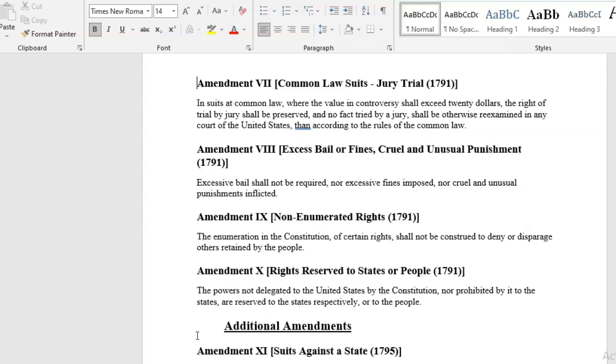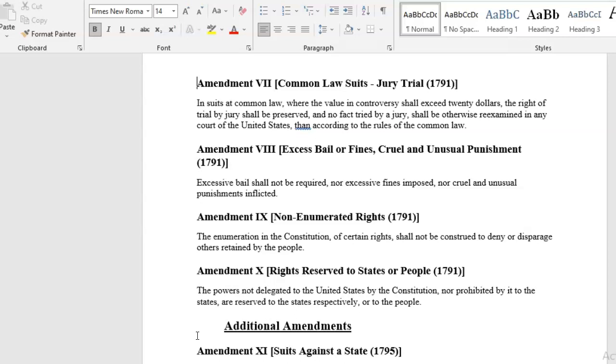So, I think a lot of us have heard this before about no excessive bail and cruel and unusual punishment. There have been some interesting rulings on those things as well that we'll go over later.